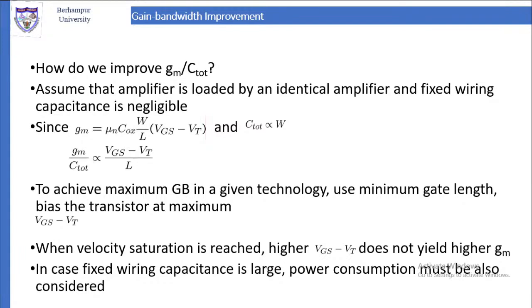Now, we said that we can neglect the fixed wiring capacitance. Suppose the fixed wiring capacitance is large. In that case, you have to consider the power consumption also. So this is about the gain bandwidth improvement.